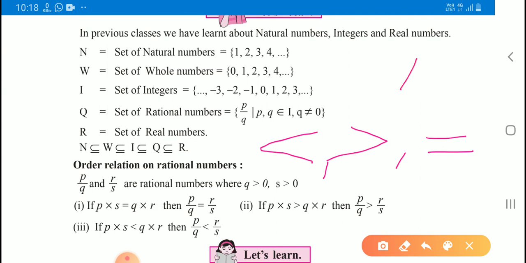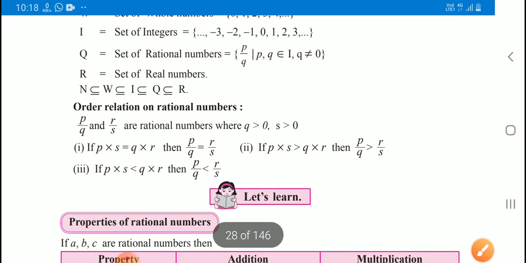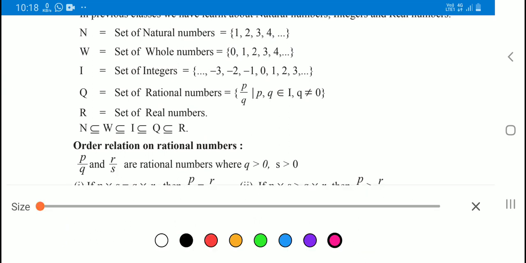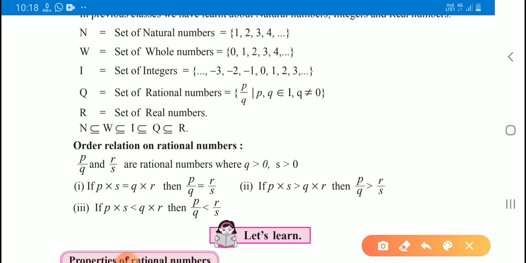Now first they have given here, if P into S is equal to Q into R. Means if you see here, they did the cross multiplication of these two rational numbers.